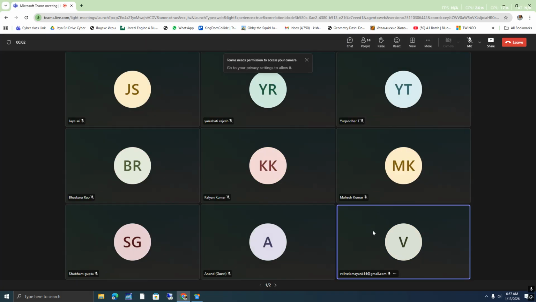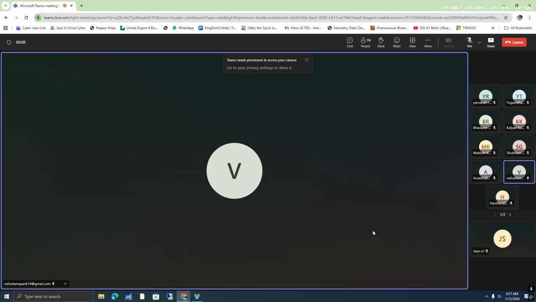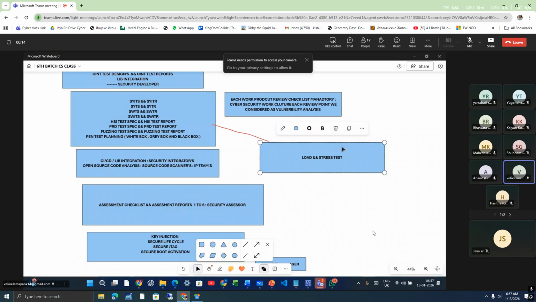How you do load and stress testing, they will do fuzzing also: UDS fuzzing and CAN fuzzing, communication line fuzzing, and non-volatile memory level fuzzing. Okay, that is the meaning.